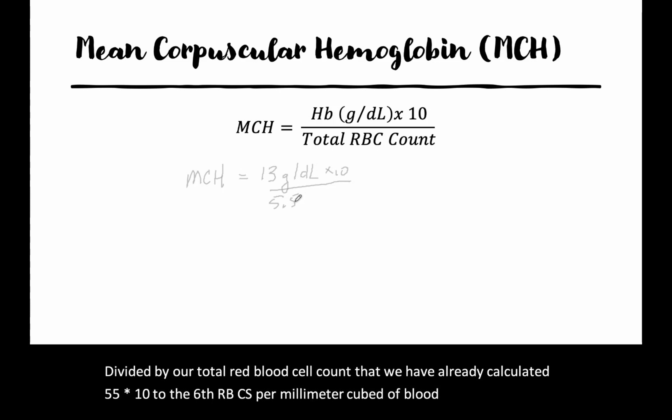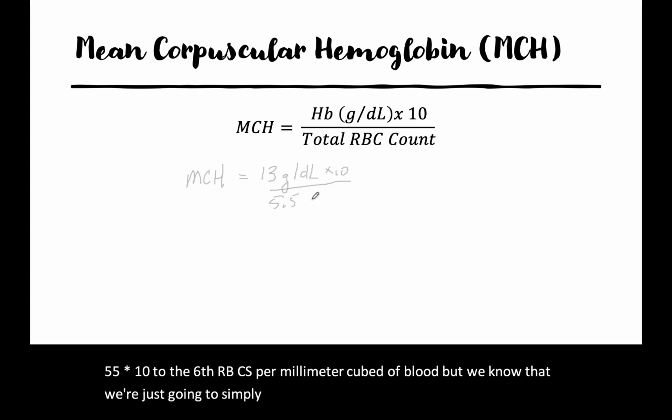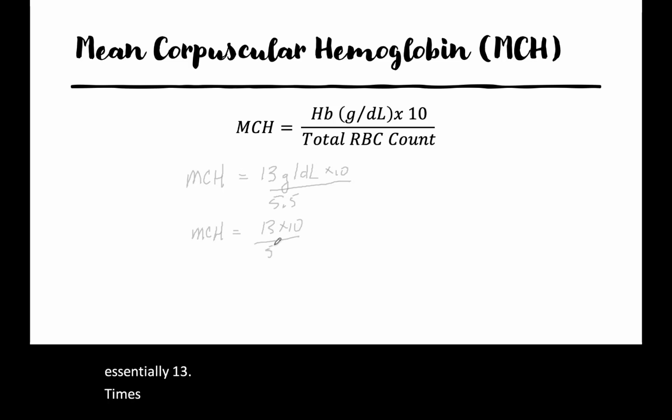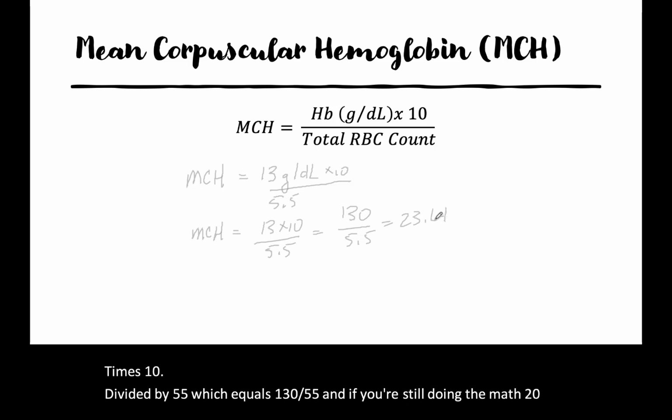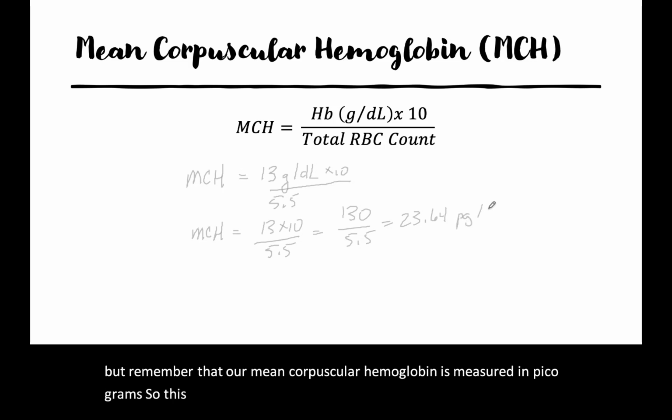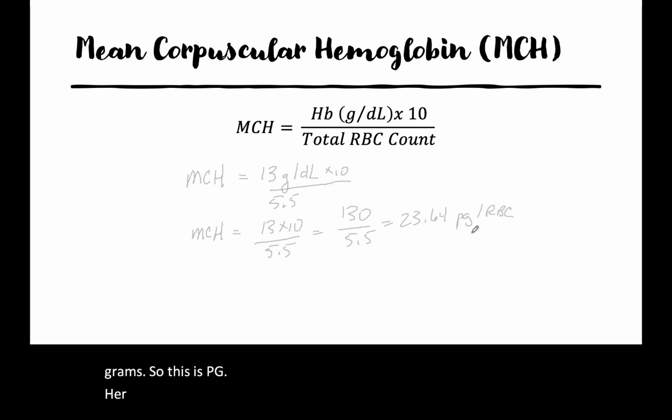But we know that we're just going to ignore that, so we don't have to worry about it. Now we're just dealing with 13 times 10 divided by 5.5, which equals 130 divided by 5.5. And if you're still doing the math, 23.64. But remember that our mean corpuscular hemoglobin is measured in picograms, so this is pg per red blood cell.